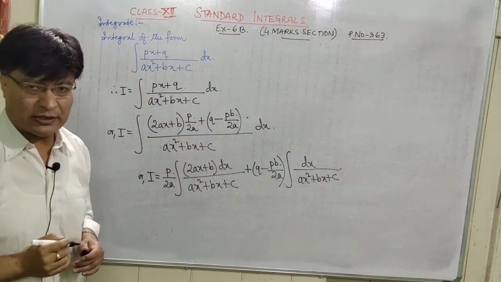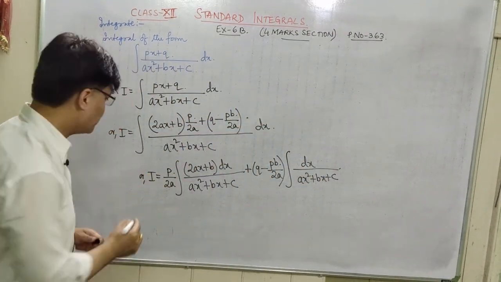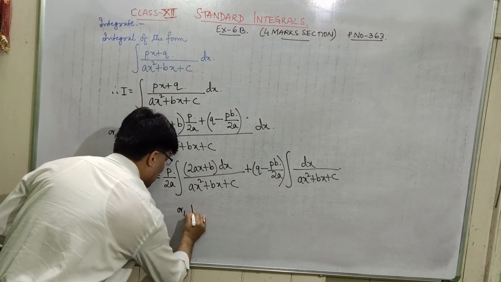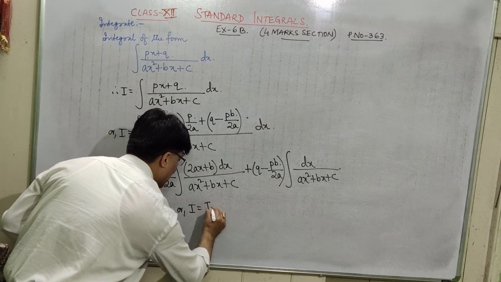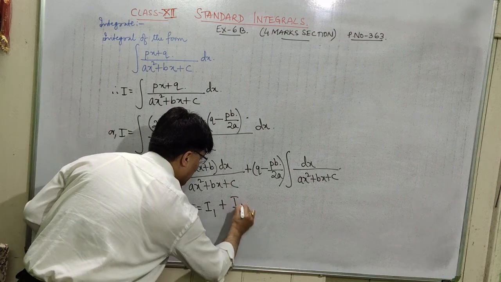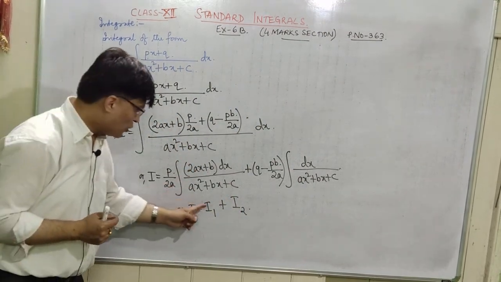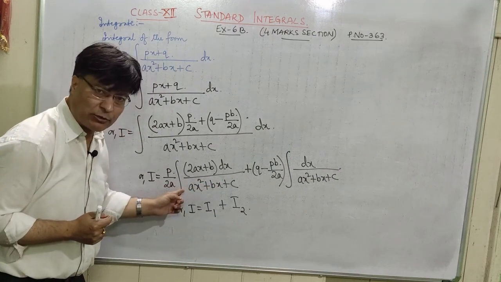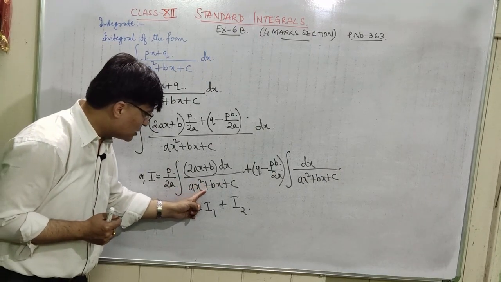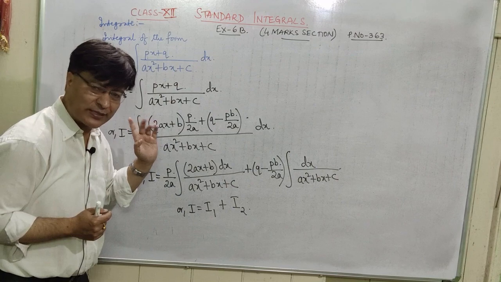So this is the method. You can easily do it now. So I is equal to, this is taken as I1 and this is taken as I2. Then you can easily integrate them. So for I1 you can do the method of substitution because the differentiation of the denominator is the numerator. Is that clear?